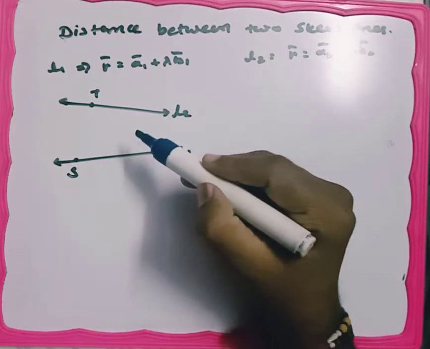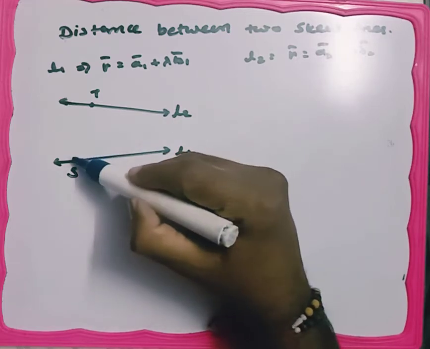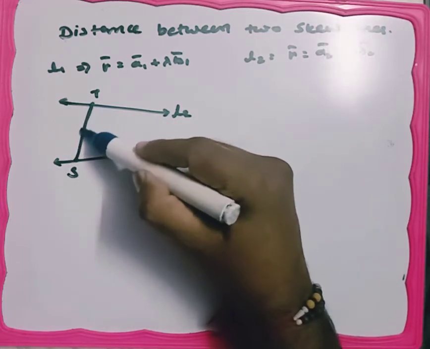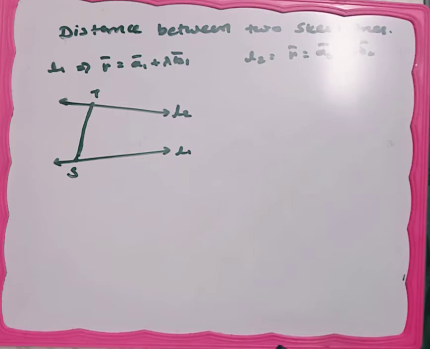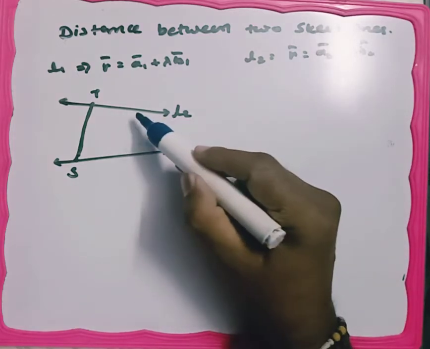Then the shortest distance between L1 and L2 will be the projection vector of ST along the direction of the shortest distance.